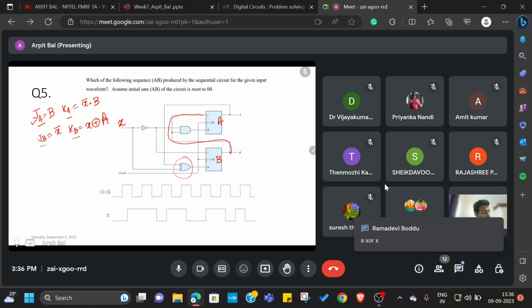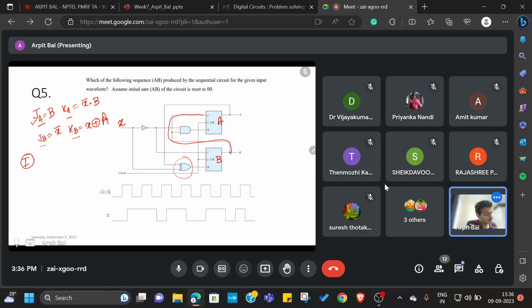Okay. So now let me mark the clock pulses like this. So this is a positive edge triggered. Okay, and it is given to us that the initial state of the circuit is reset to 0, 0.